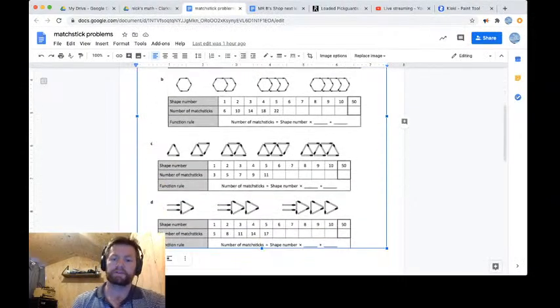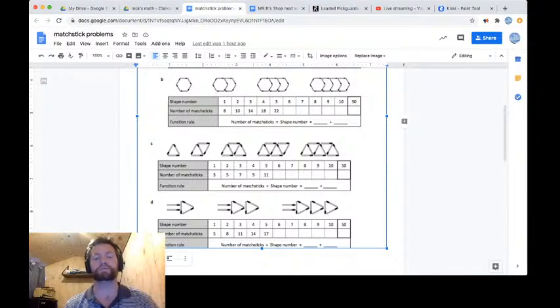Same thing here. This is 6, 10, 14, 18. I can see that it's going up in 4s. So the first thing I would do is times 4, so it would be n times 4, and then I would go from there. How do I solve this problem? 2 times 4 is 8.